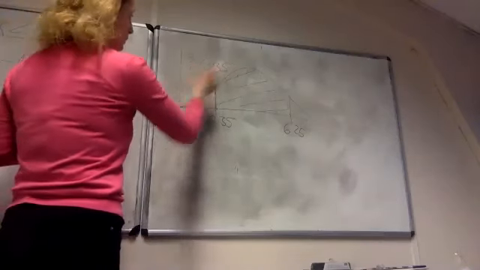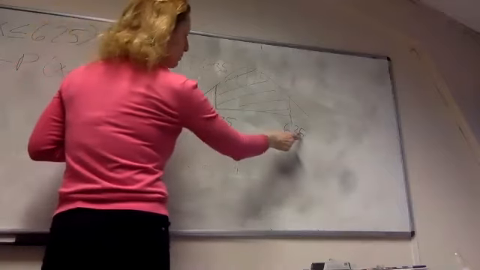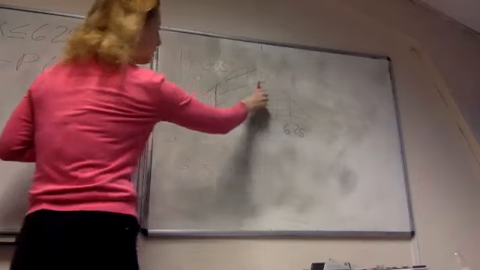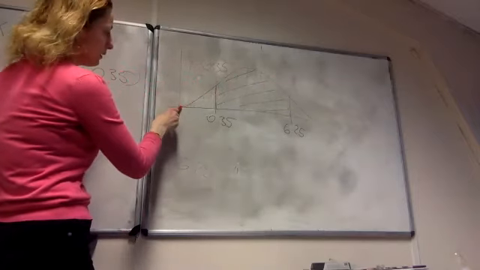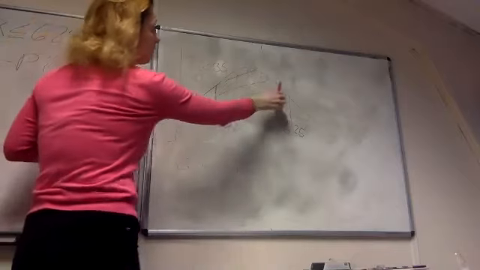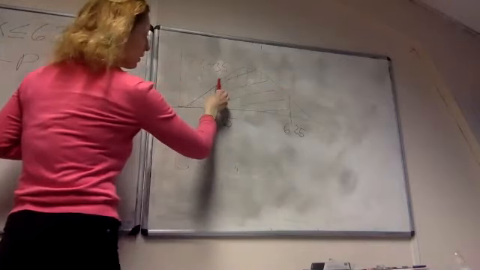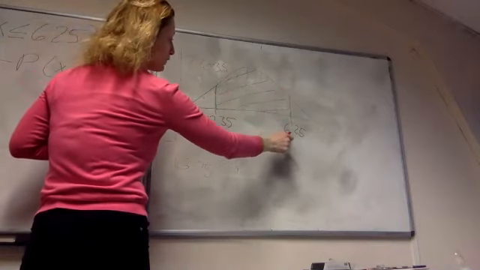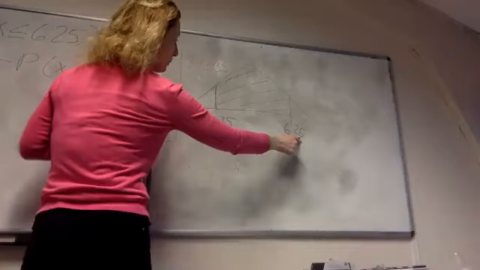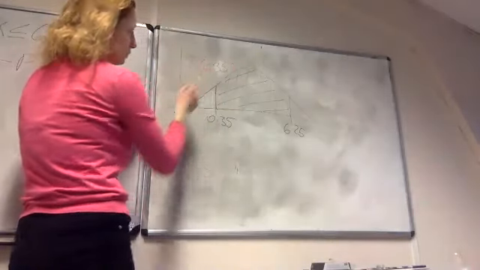So F of 0.35 gives us this area, and F of 6.25 gives us the entire area from here to 0, to the beginning of the curve. Which means to find only this area, we need to take F of 6.25 and subtract this small area, which is F of 0.35. That is why we have this formula.